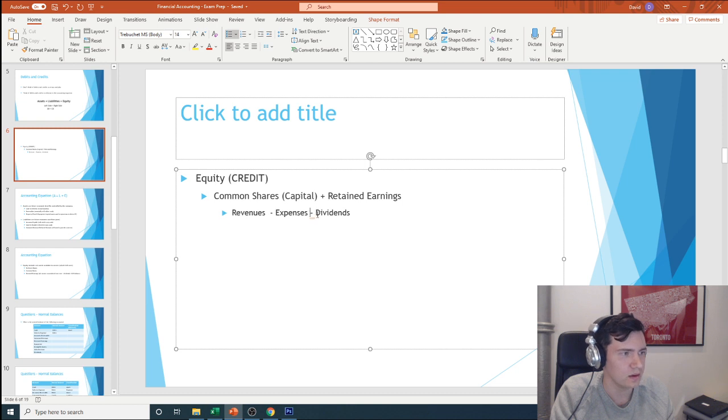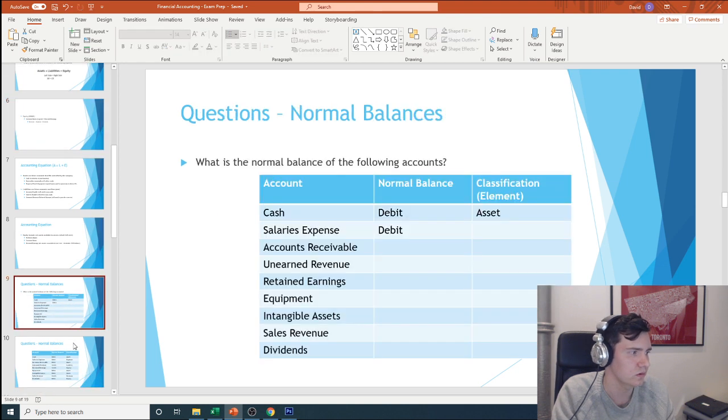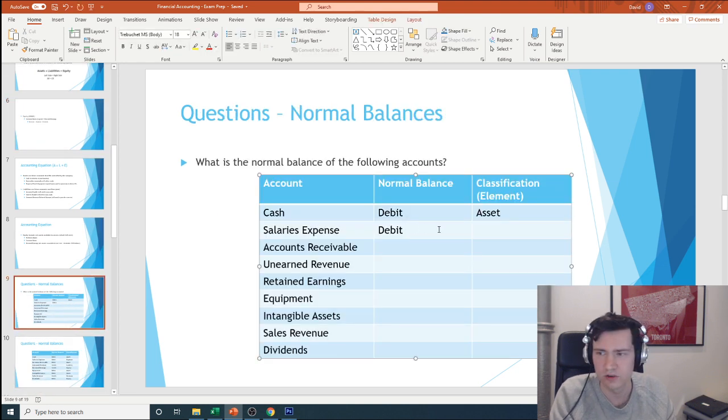So an expense's normal balance is going to be a debit because it has a negative effect on the equity account. So normal balance is a debit, and it's an expense entry, just like Jeff said.